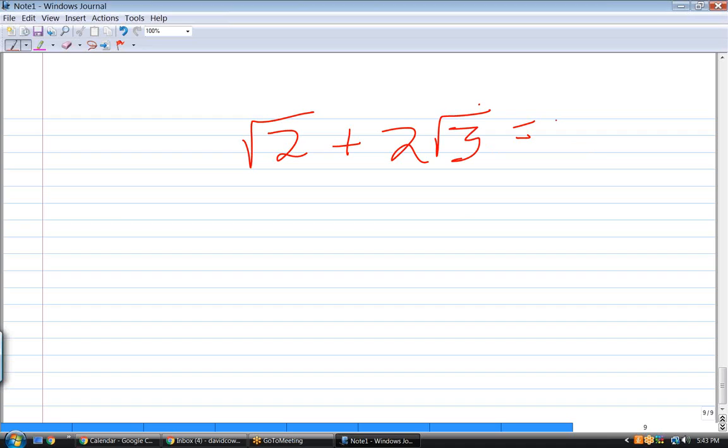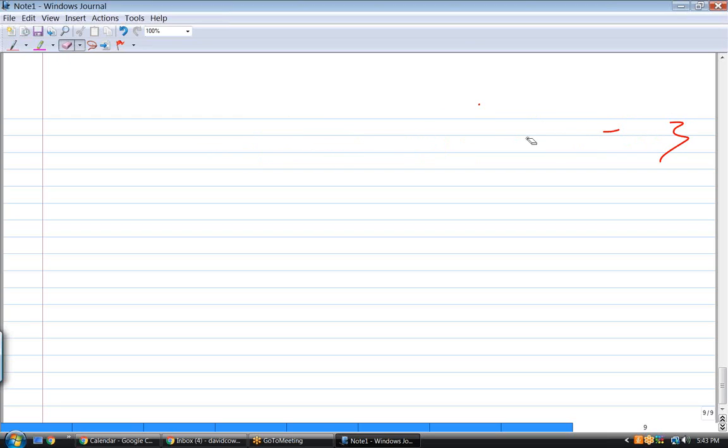I cannot add a root 2 to a root 3, at least not without converting them to decimals. Only same things can be added or subtracted. You can multiply. What's this? It'd just be square root of 6. Correct.